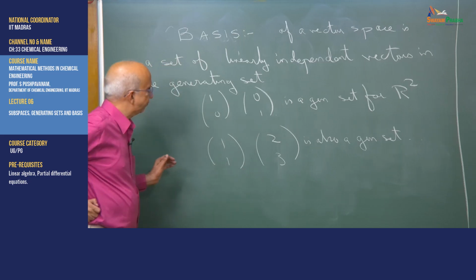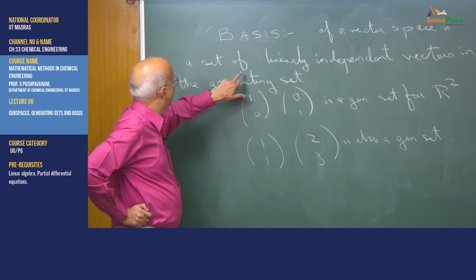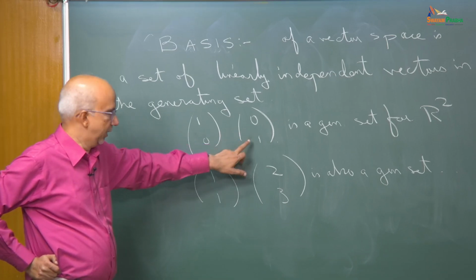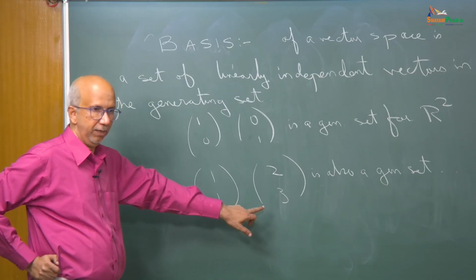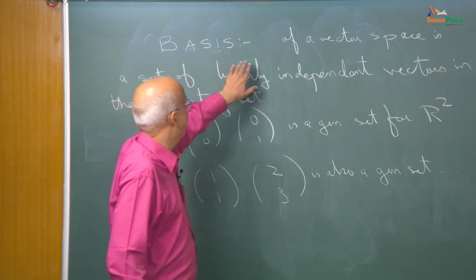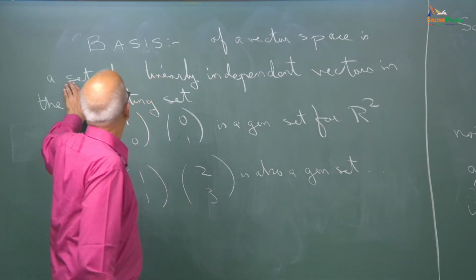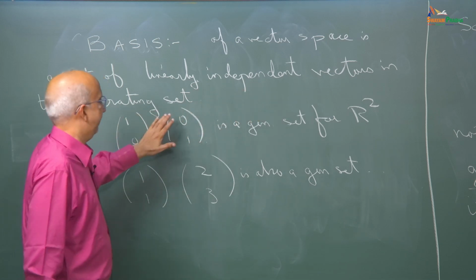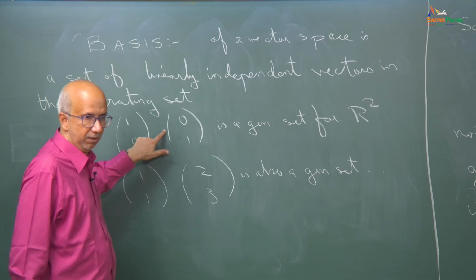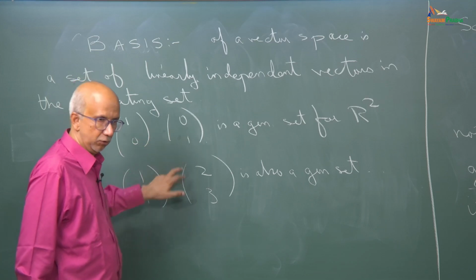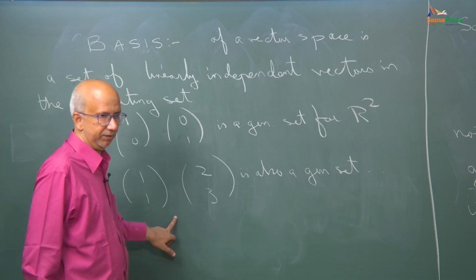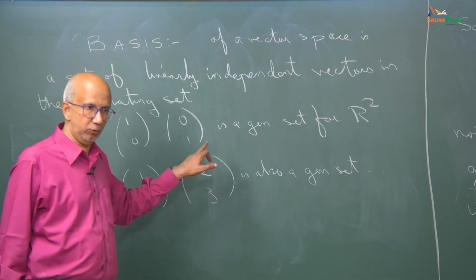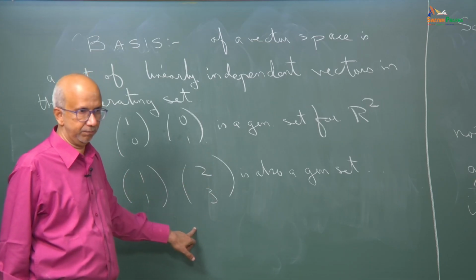Now, these are basically independent, this is also independent. Okay. So, basically what have I said, a basis of a vector space is a set of linearly independent vectors of the generating set. So, this is a set of linearly independent vectors, there is also a set of linearly independent vectors. Both of these are candidates for basis. This can also be used as a basis, this can also be used as a basis. Okay.